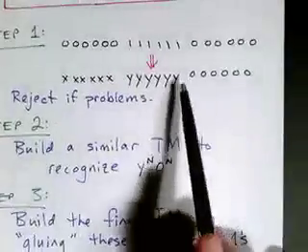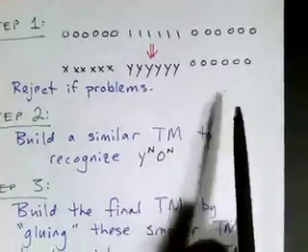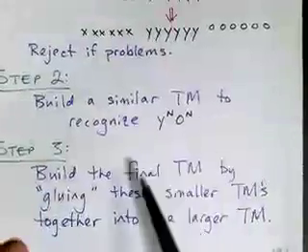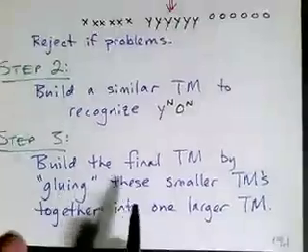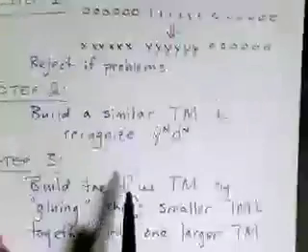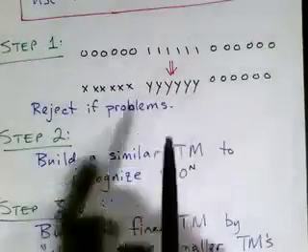And now we'll take the second Turing machine and use it to recognize y to the n, 0 to the n. And then our final Turing machine is basically connecting these two Turing machines together with a couple of appropriate states to move the heads to the right place.